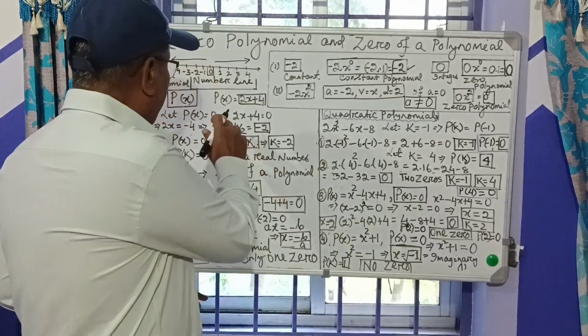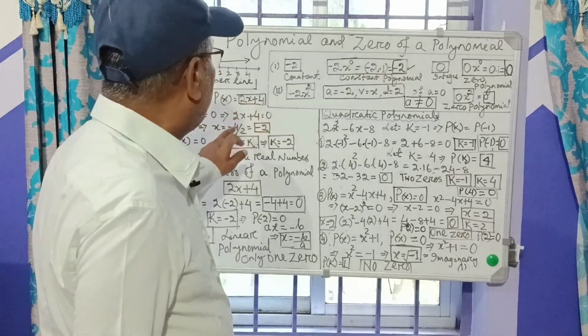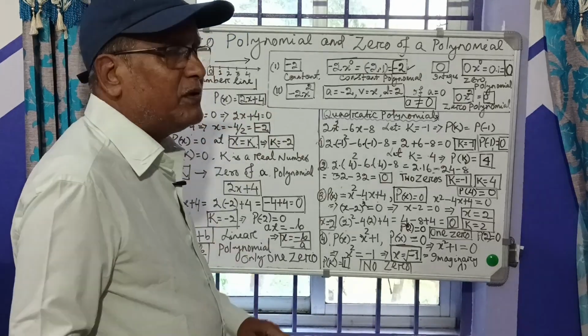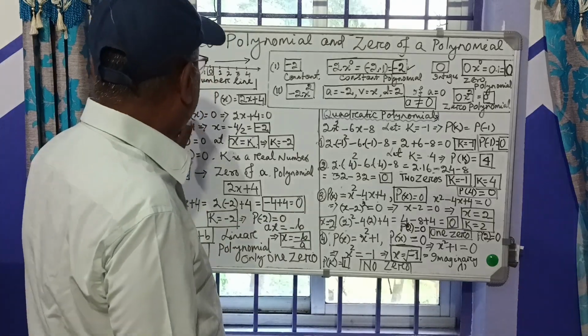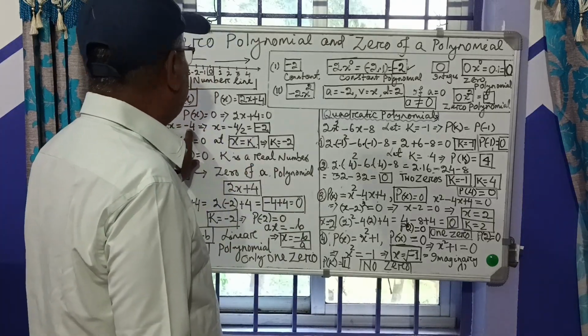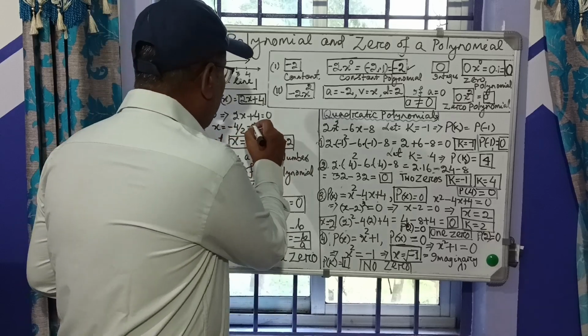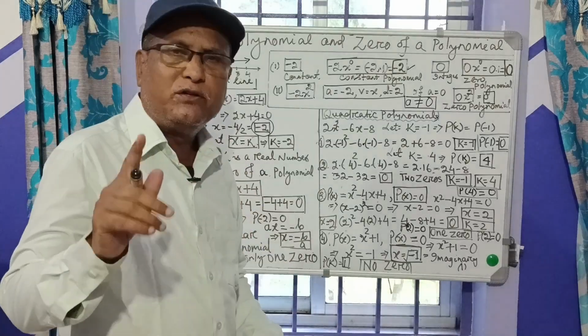If p(x) is equal to 0, then the polynomial 2x plus 4 is equal to 0. Let us find out the value of x. So 2x by transposition is minus 4 and x is equal to minus 4 by 2. So we got the value of x, minus 2.